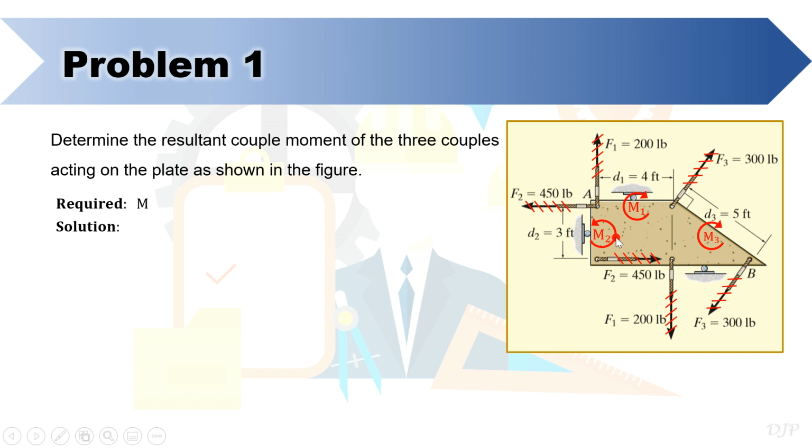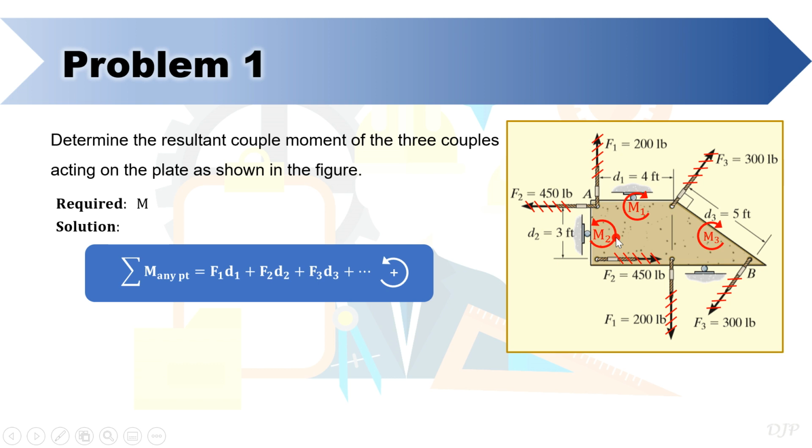To have a practical solution, let's recall again this general formula for moment. You can observe in the formula that each term can also represent the expression of each couple in the force system. So by substitution, the resultant couple moment is equal to negative 200 times 4 plus 450 times 3 plus negative 300 times 5.